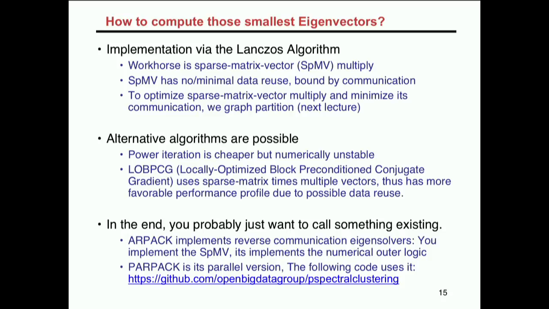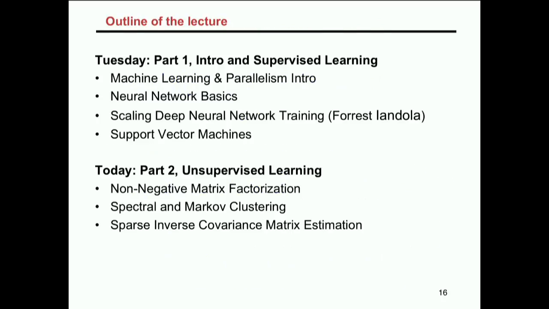And you won't need to worry about numerical parts. ARPACK will call your SPMV code iteratively and do it. It's a nice way of writing software, but one way of writing software. And in fact, the only code I've seen for spectral clustering in parallel uses ARPACK's parallel version, and you can find it in that link. It's been out there for almost a decade by now. I think it still compiles.